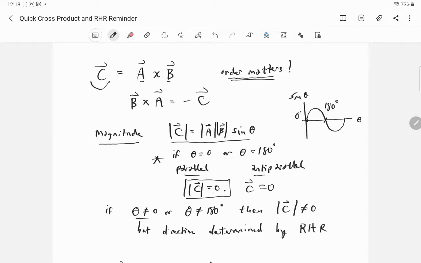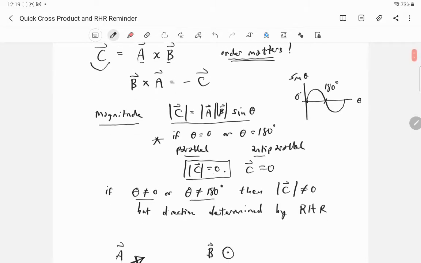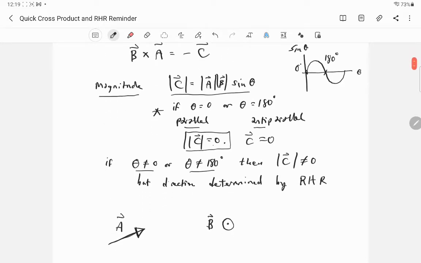But if the angle is neither 0 nor is it 180, then you're guaranteed that the magnitude of C is not going to be 0, right? You're just guaranteed that. But the direction is determined by the right-hand rule. Okay, so the magnitude is not going to be 0, but the magnitude is going to be given by this relationship.